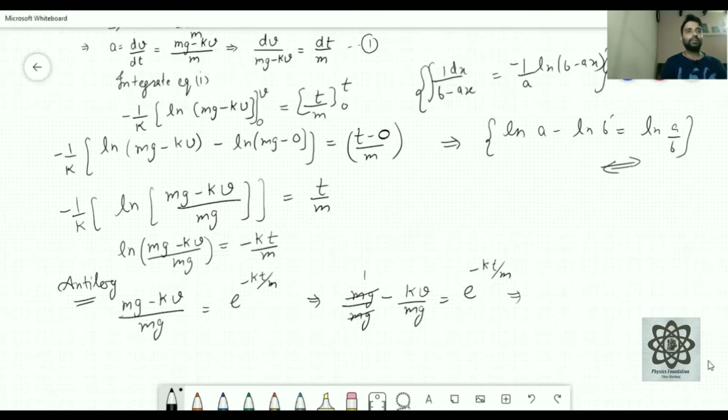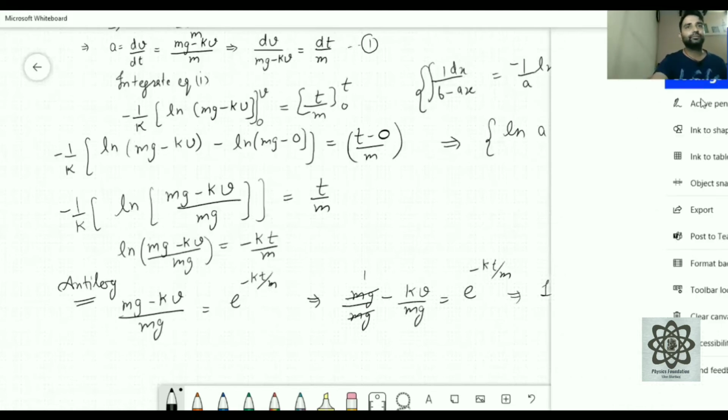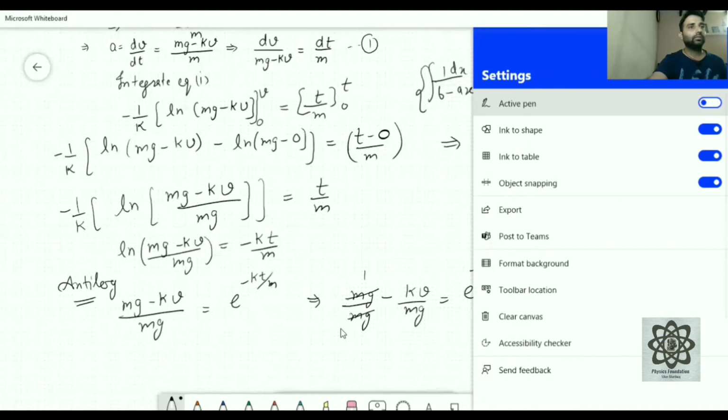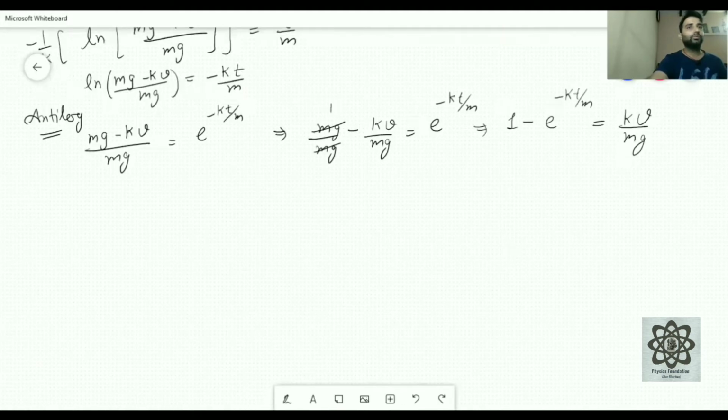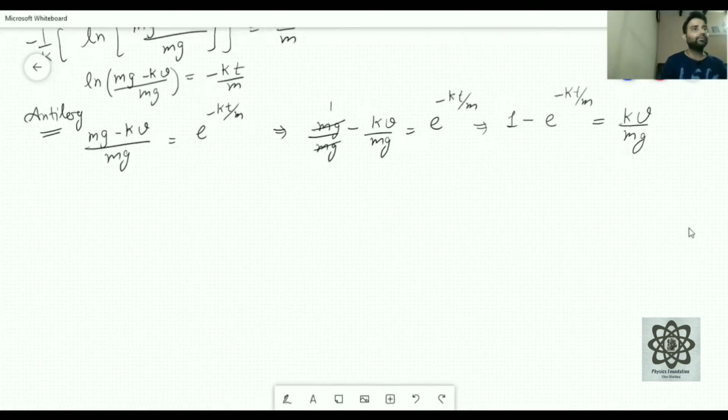Now we will take this negative side to the right hand side and this k in the left hand side. So what will happen is 1 minus e to the power minus kt by m is equal to kv by mg, right? Now when we see, so this is the equation that we got.